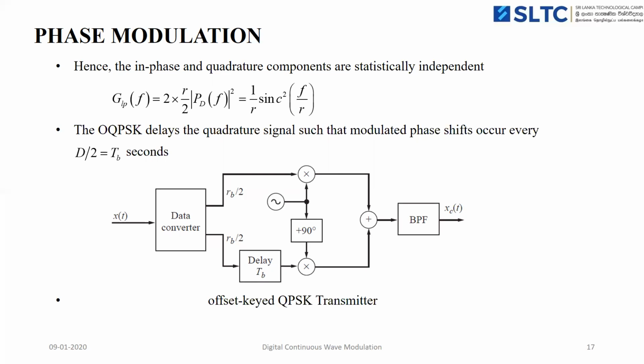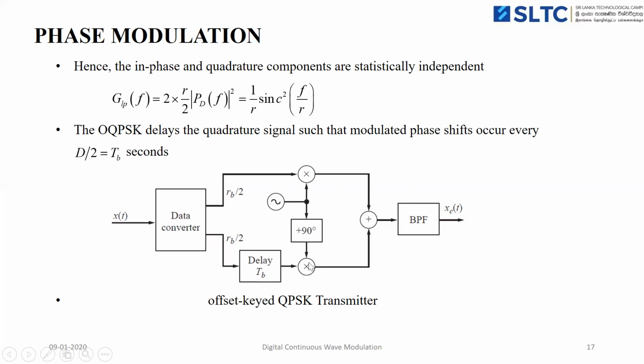And we can modify the PSK modulation as OQPSK. OQPSK means offset quadrature phase shift keying modulation. In this, it is like a QPSK modulation. The only thing is, in the quadrature channel, we are introducing some delay with duration Tb, where Tb is the bit duration, so that the modulated phase shift occurs every Tb seconds, because the quadrature channel signal will be delayed by Tb seconds.